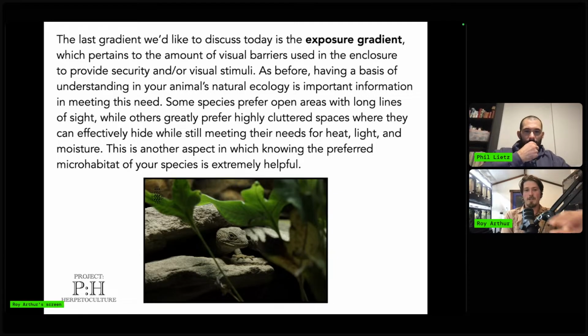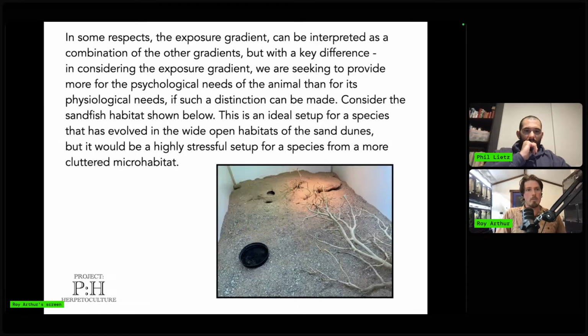In this case, it's got the first 20% of its body or so exposed. But it felt safe to do that, even with me getting pretty close with my macro lens on my camera, because between me and the camera and the lizard, there's this visual clutter created by the foliage in the vivarium. It just helps to provide a little bit more safety for the animal.